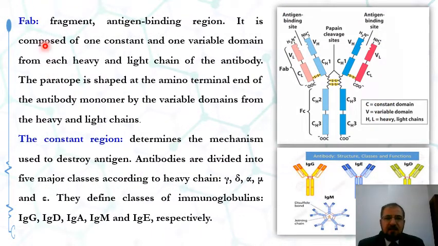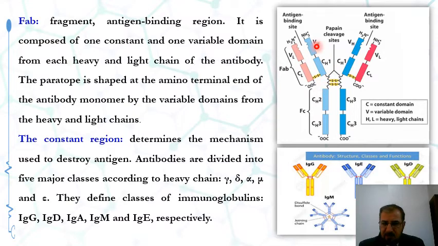So we have what we call FAB, the fragment antigen binding region. This part is the FAB, or the fragment antigen binding.